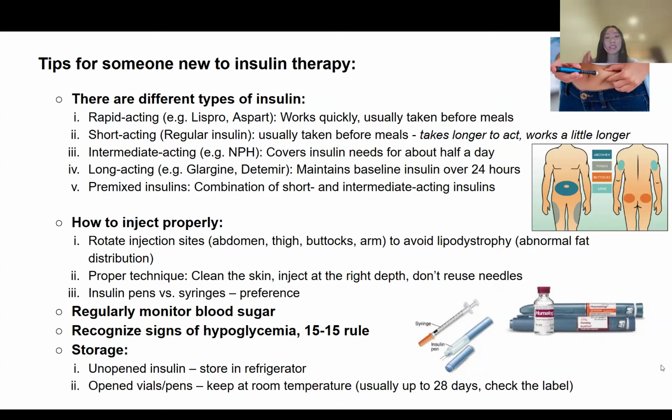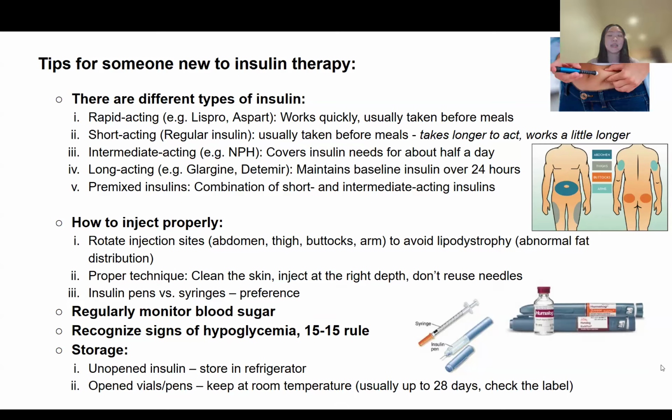There's also proper injection technique, which comes with cleaning the skin where you're going to inject with the alcohol pad right before, and making sure to let it fully dry. Pinching the surrounding skin so that when you're injecting, it gets into the subcutaneous tissue, and not reusing needles, only use them one time and dispose of them in any puncture-proof container after, like a detergent container or a sharps container.